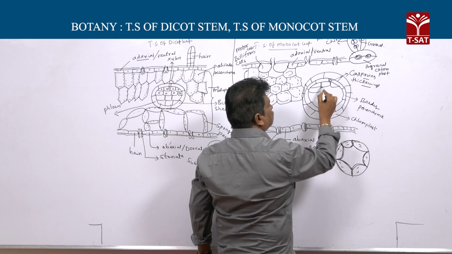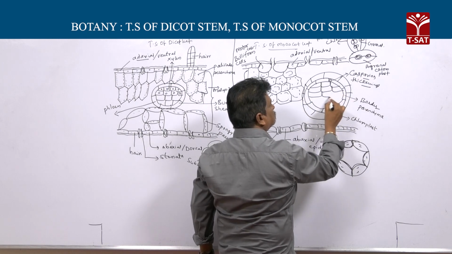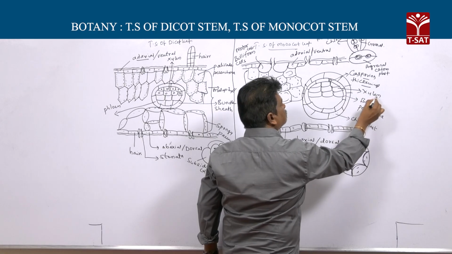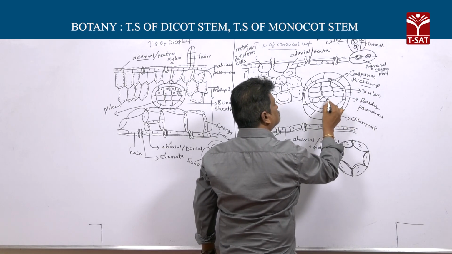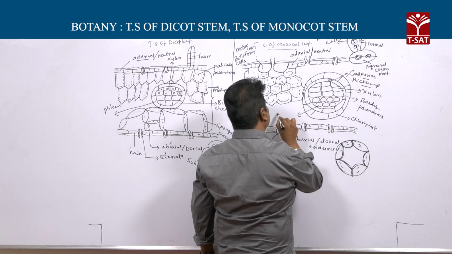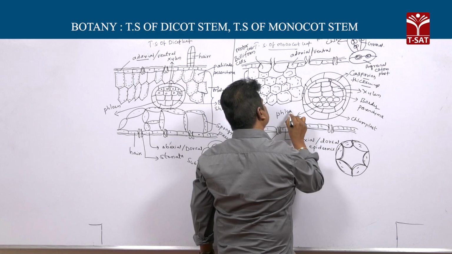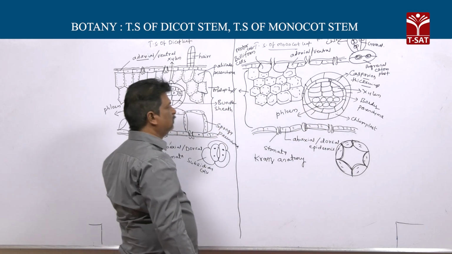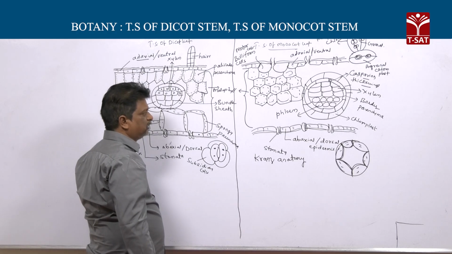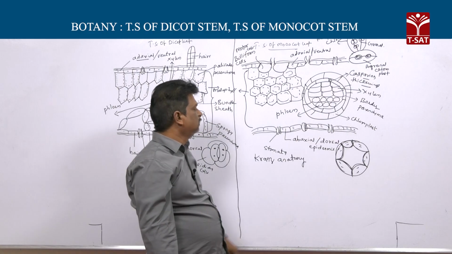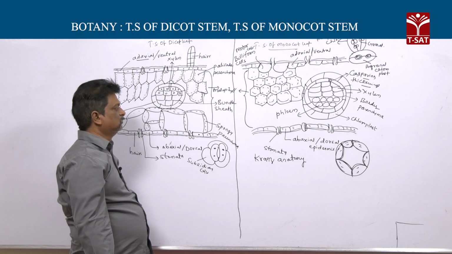Then, after the bundle sheath, on the upper side there is xylem and on the lower side there is phloem. So even in monocots, vascular bundles are collateral, conjoint, and closed.